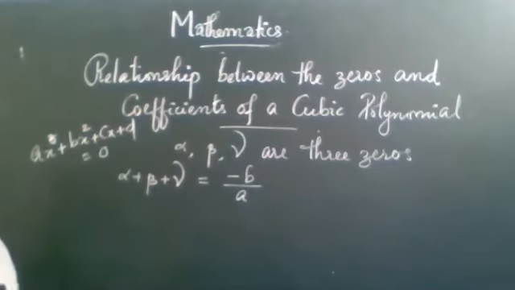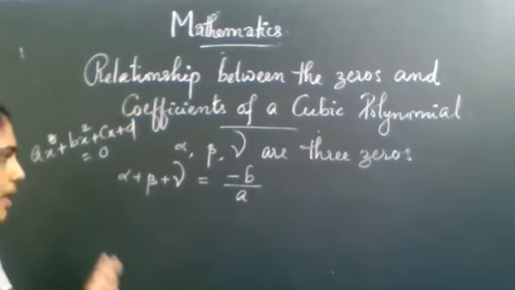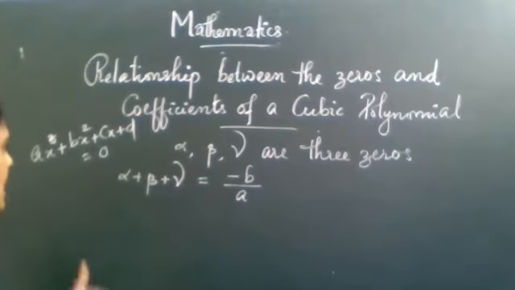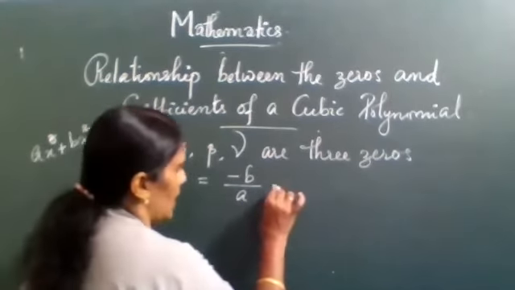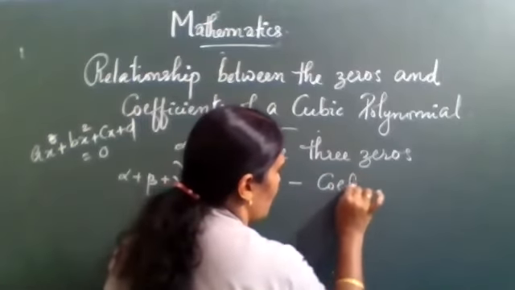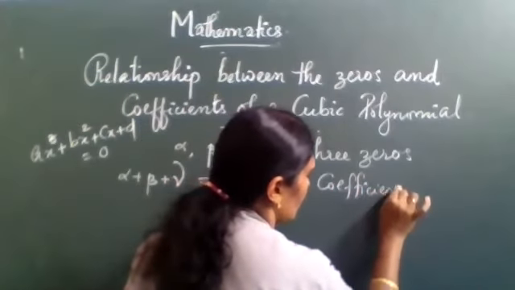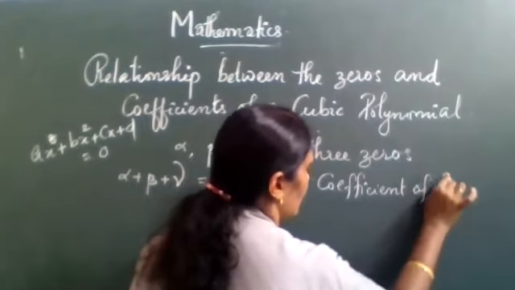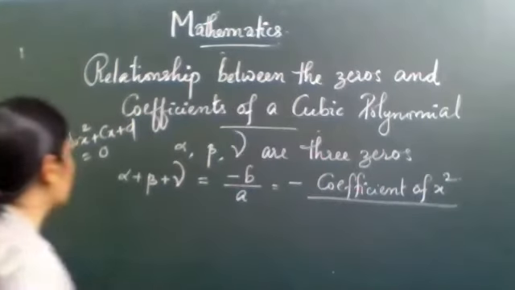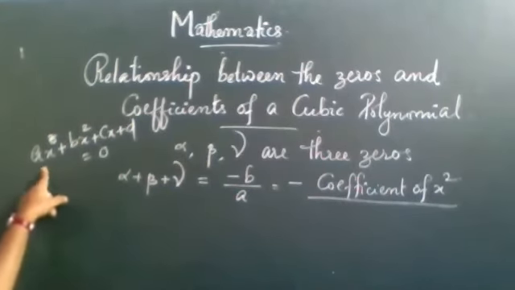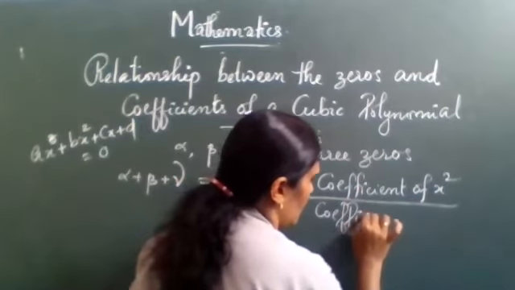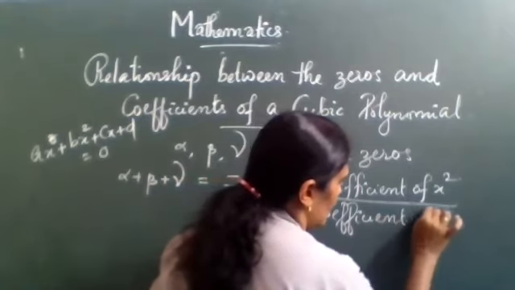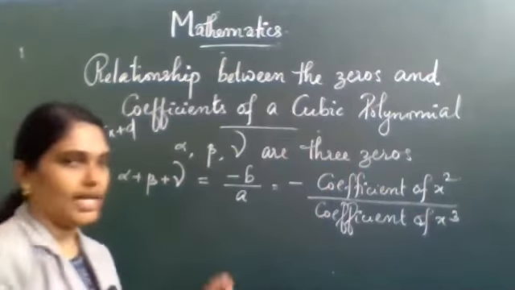Here b is the coefficient of x square and a is the coefficient of x cube. That is minus b by a.